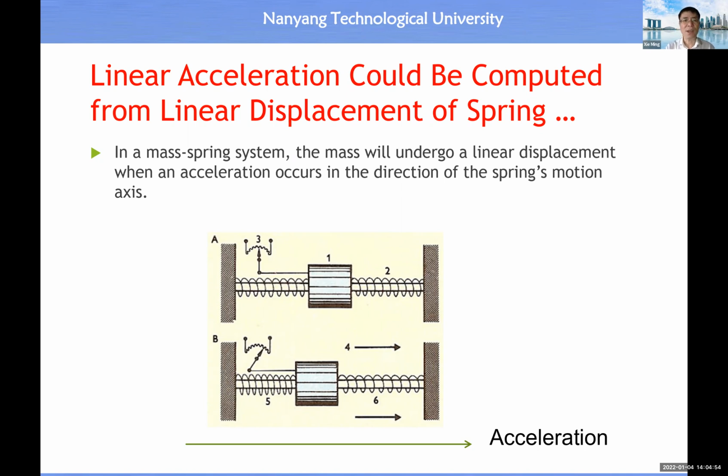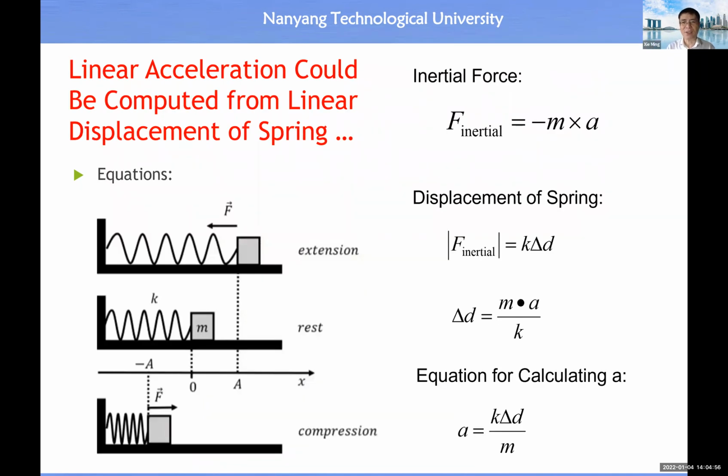All right, so then what should be the equation? So this slide basically shows you the equation. All right, when there's acceleration, acceleration will produce inertial force, and when there's an inertial force compress or stretch the spring, then the spring will undergo displacement. So that means this inertial force will compress or stretch the spring.